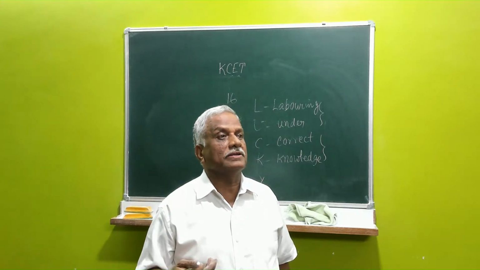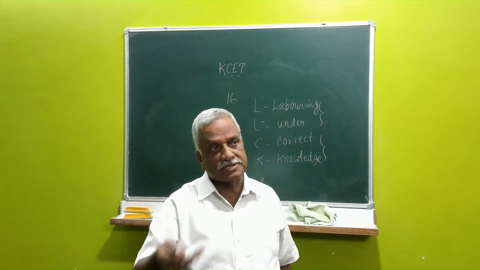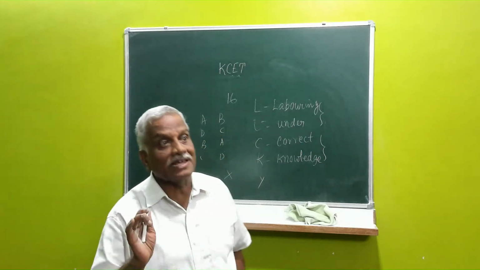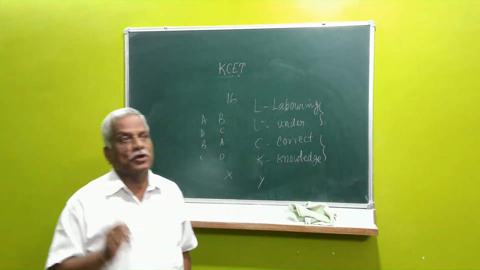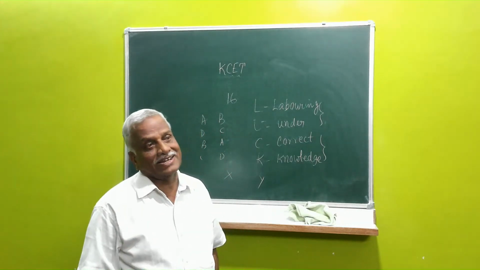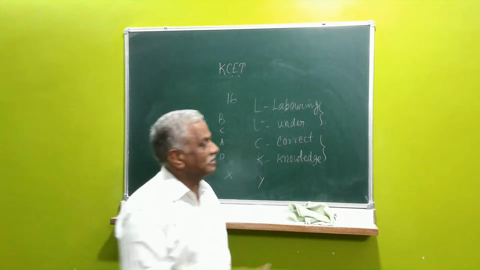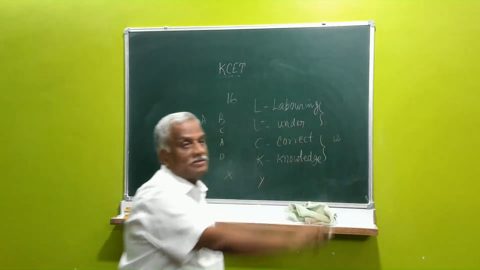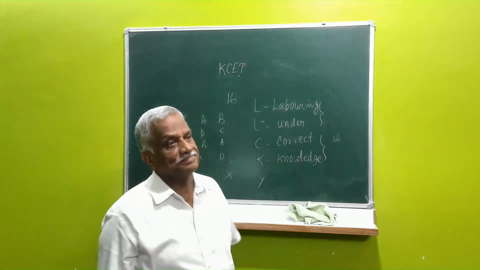I suggested about 16 papers, how the questions can be. The last thing that I want to talk about is you have to work at least 12 hours during this CET period.